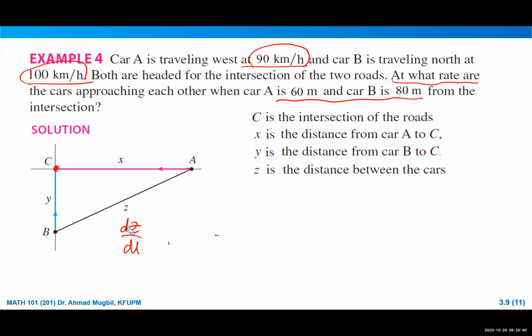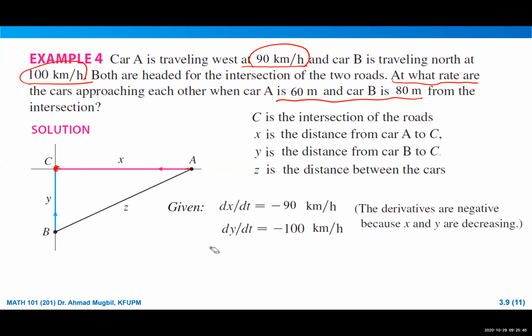Look, what is important here for you to realize is that dx/dt is not 90, it is negative 90. And dy/dt is negative 100. This is a new trick that we didn't talk about before.